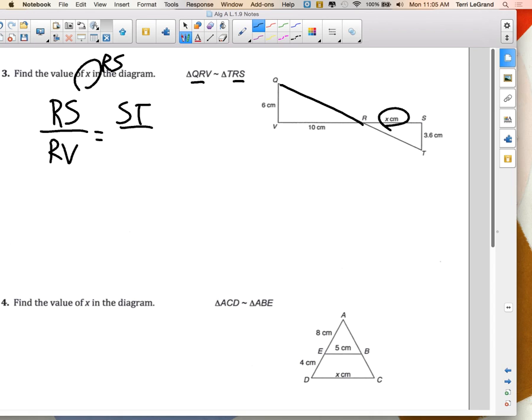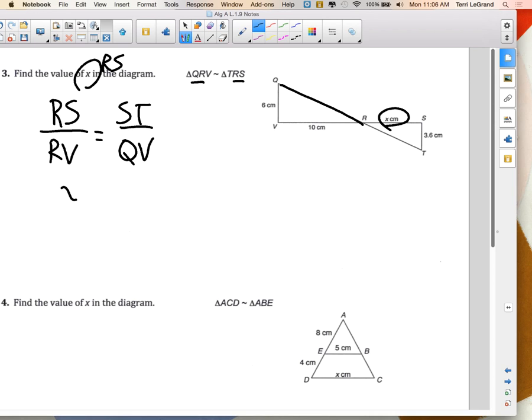And then ST corresponds with what side from our other triangle? QB. Yeah. So do you have to do this in your homework? What do you think? Guess so. Yeah, you do. You're going to show that you can get a good setup with names first of corresponding sides, and then you'll start plugging stuff in for them.